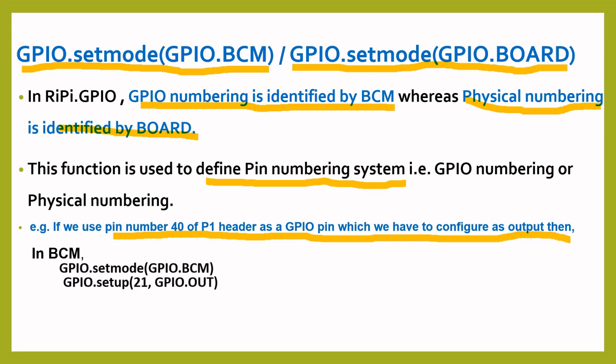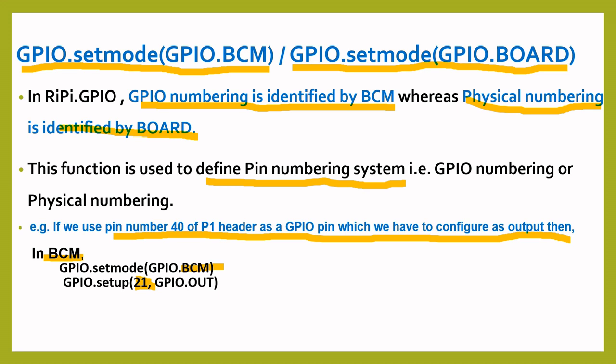BCM is always related with the GPIO pin, so here we have to use GPIO.setmode, GPIO.BCM, because we are talking about the GPIO pin. So this 21 is the GPIO pin, which is actually physical pin number 40.